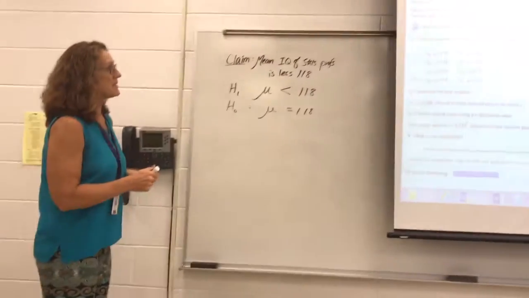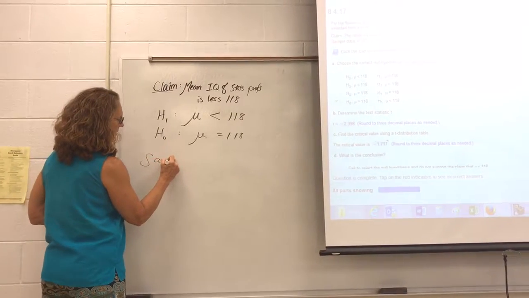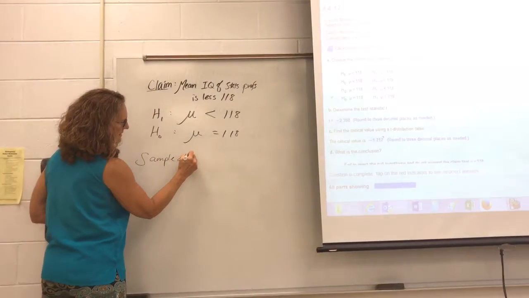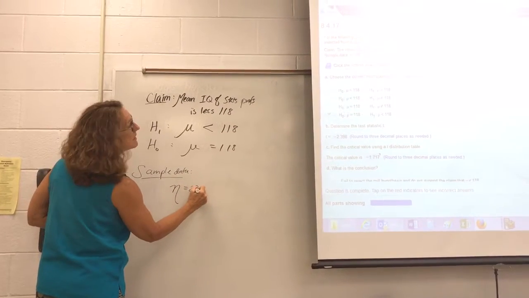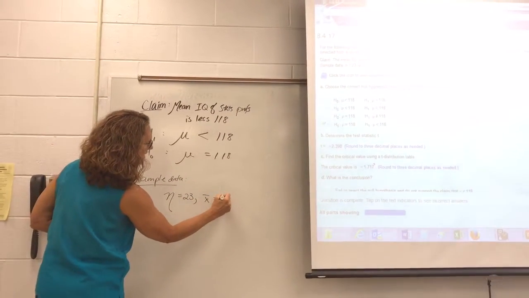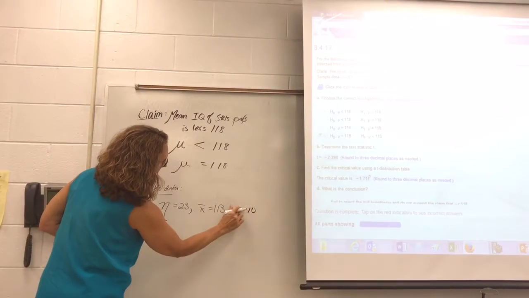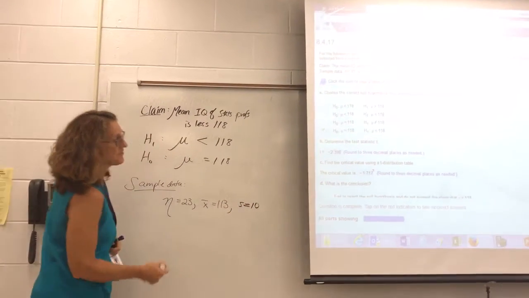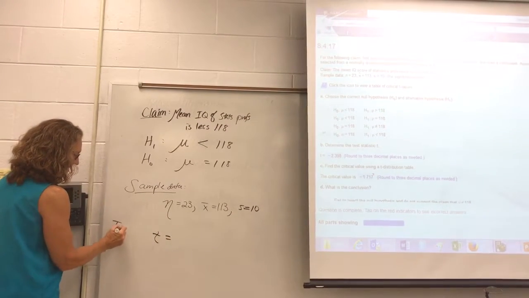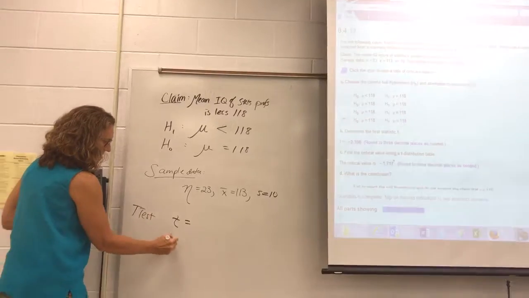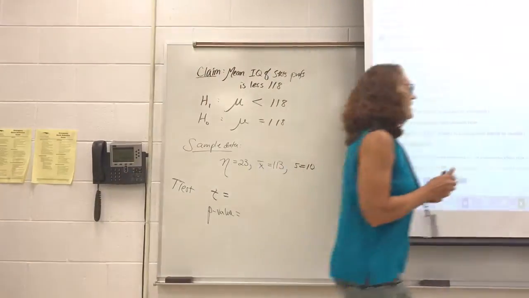And we've got some sample statistics, our sample data that's given: n equals 23, x bar equals 113, and s equals 10. Alright, so first it asks for the test statistic. So you go to your calculator, t-test, and I'm going to write down the p-value as well, although this one doesn't ask for that.